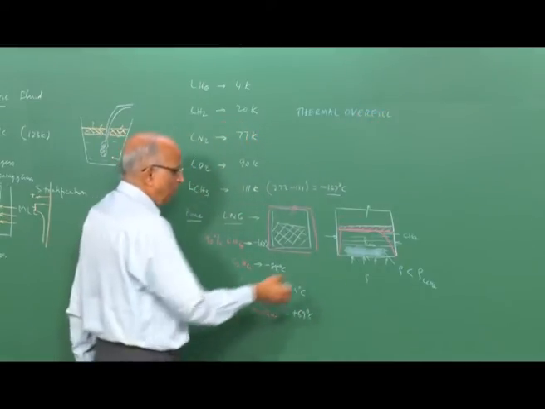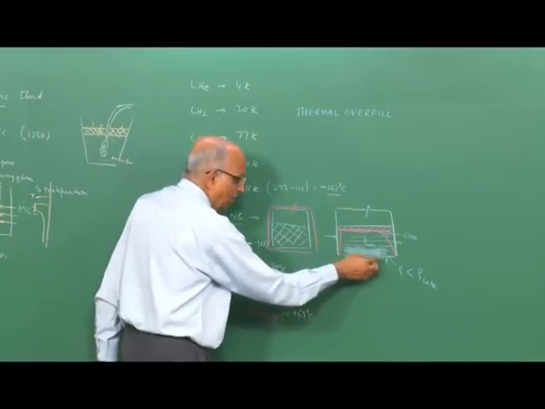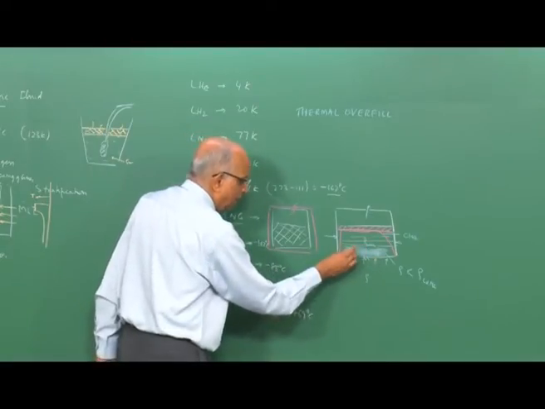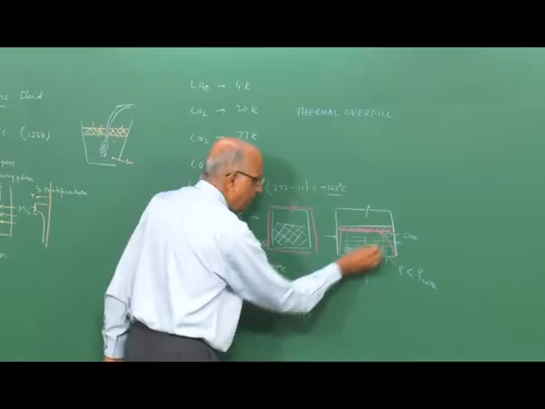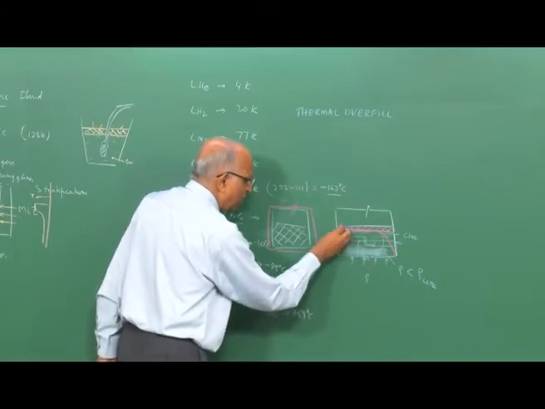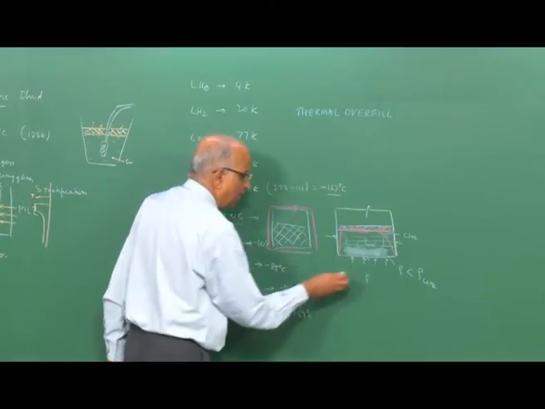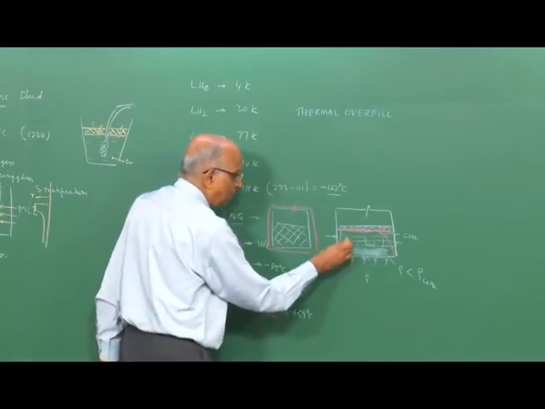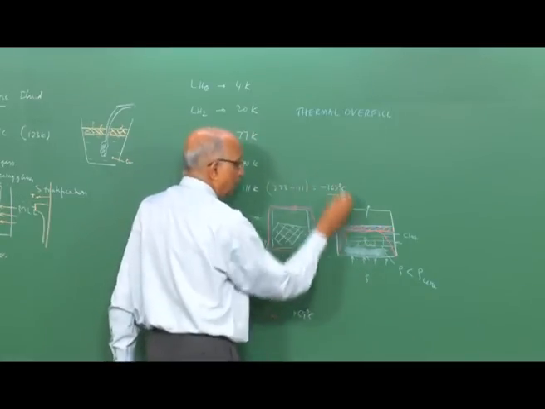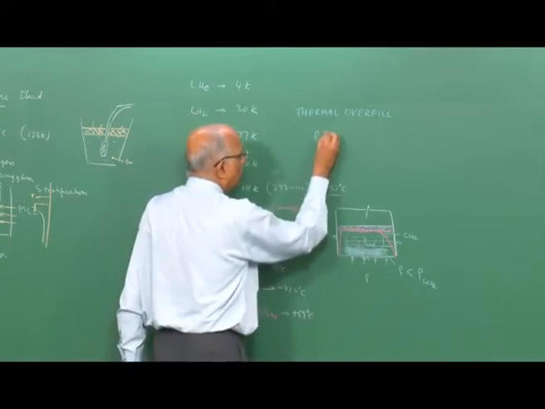Now, when it gets heated because of further heat in-leak, it rises to the top, and when it rises to the top, it mixes with the stratified layer, and this is what we call a rollover.